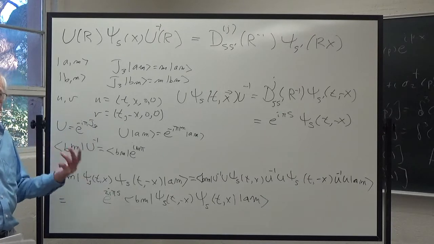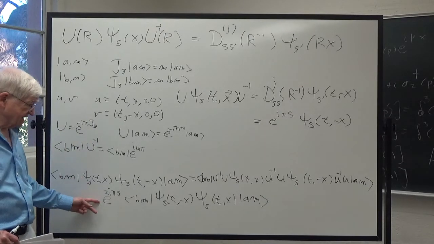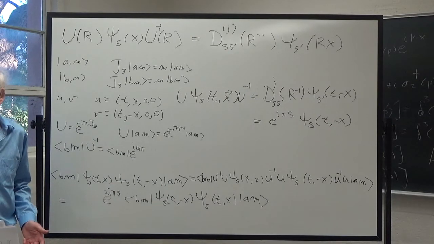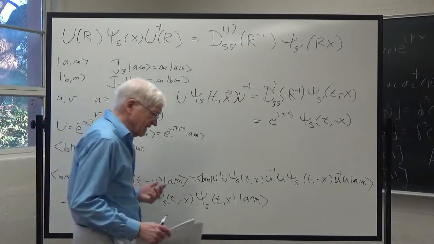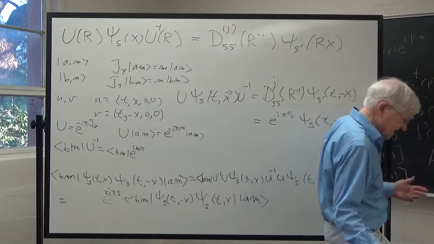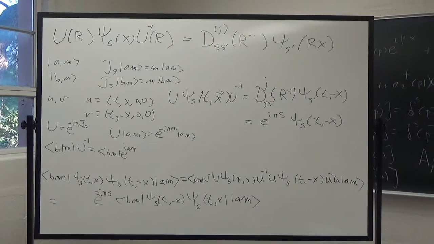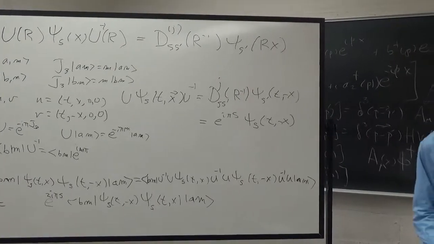It's an odd number of I pi's. You have a minus sign here. That means that the anti-commutator vanishes. So this tells you that the commutator vanishes at least between these states, AM and BM. The A's are totally arbitrary as long as they're not spin indices.